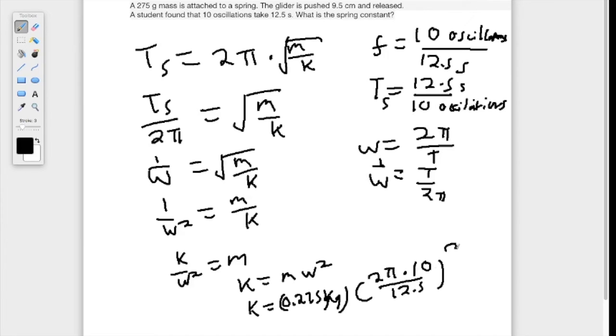And then this is squared, so we get a spring constant of around 6.948 newtons per meter.